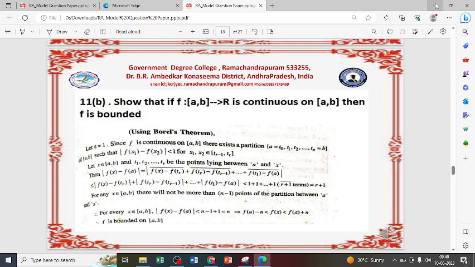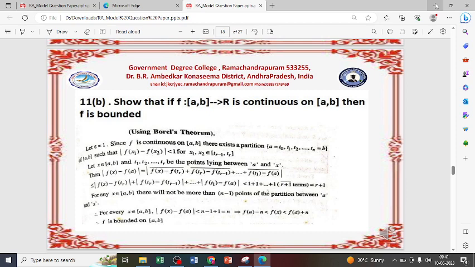That means the given interval [a, b] can be partitioned into a finite number of subintervals with the partition points a equals t0, t1, t2, etc., tn equals b. What is the first subinterval? The subinterval from t0 to t1. What is the second subinterval? The closed subinterval t1 to t2. Similarly, the third subinterval is the closed interval t2 to t3.